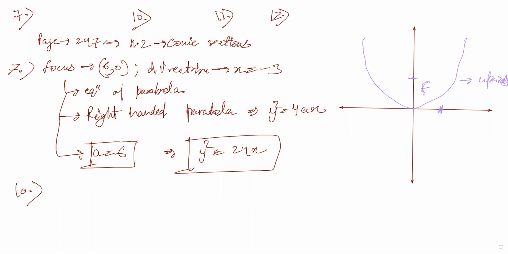No, the 10th one should have focus (-2, 0), negative, a downward parabola. The ninth one is upward because the focus is on positive y. But in the 10th we have focus negative. Sorry, I meant the 9th one. Yes. And the value of a would be 3 because the focus is (a, 0).